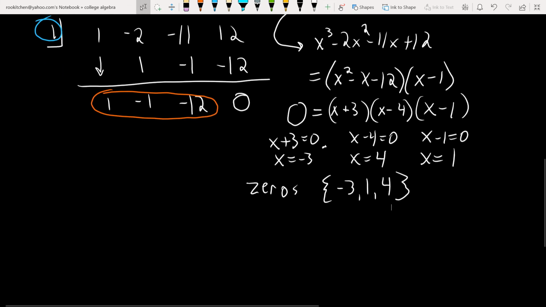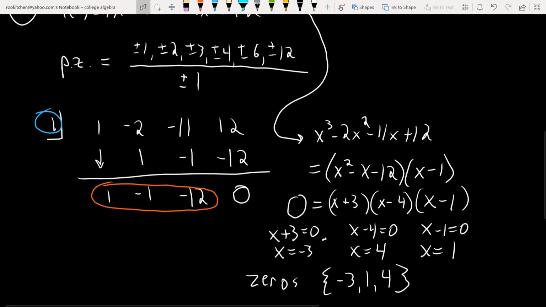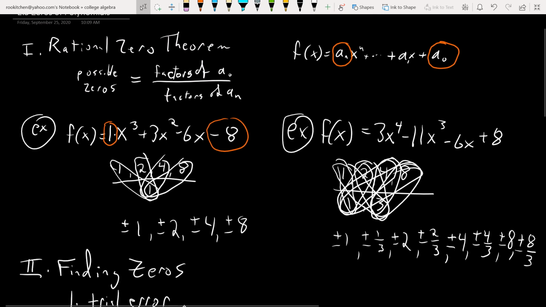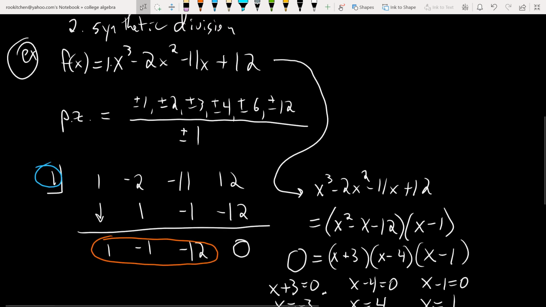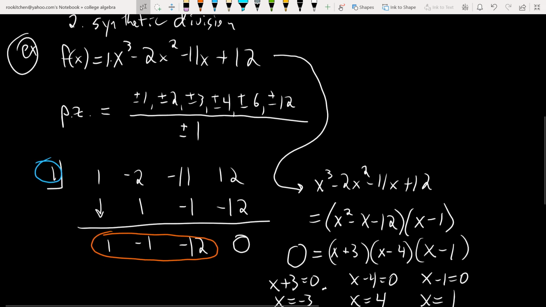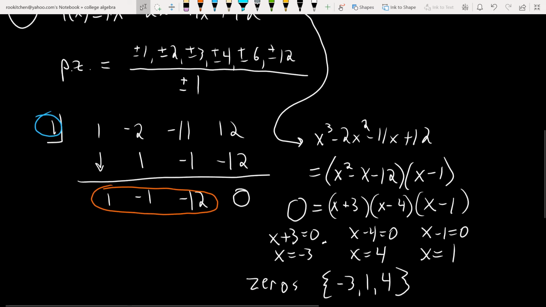Okay. So you get the flavor, the idea. So you're using the rational zero theorem to enumerate a whole bunch of possible zeros. Then you're going to test the zeros using synthetic division. And once you find one that works, in other words, once you get a zero remainder, you can use that result to factor your polynomial.